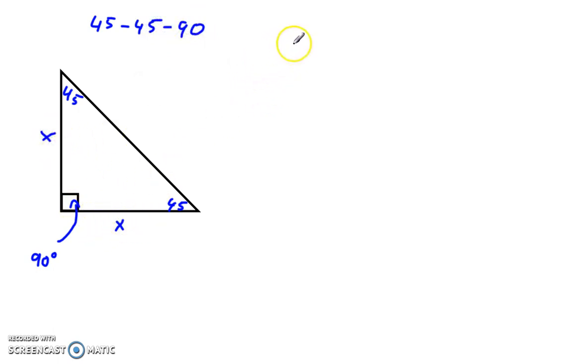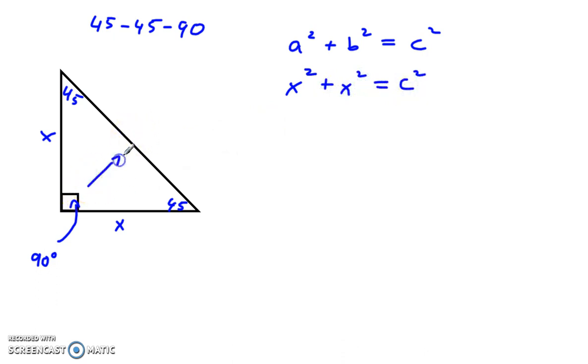So if we use the Pythagorean theorem, a squared plus b squared equals c squared. Well, a and b are both x, so I've got x squared plus x squared equals c squared. C is the longest side, opposite the right angle.